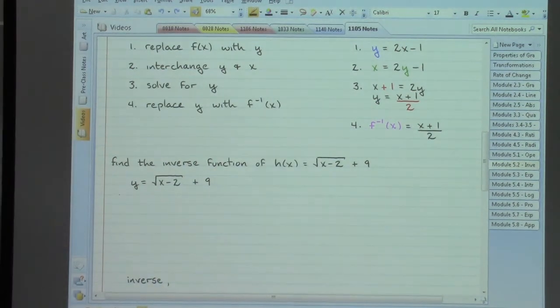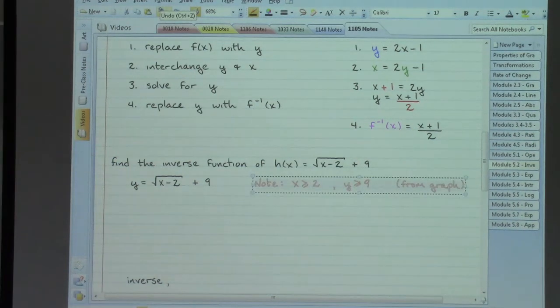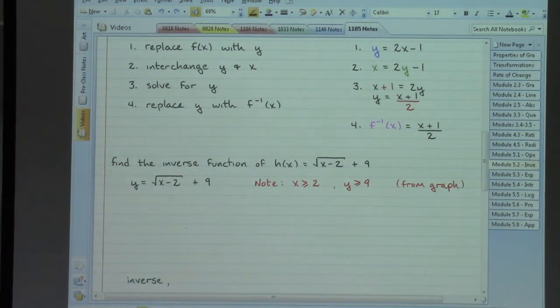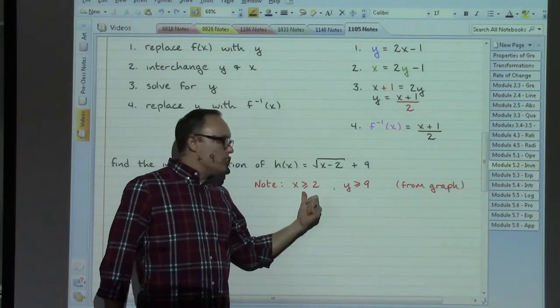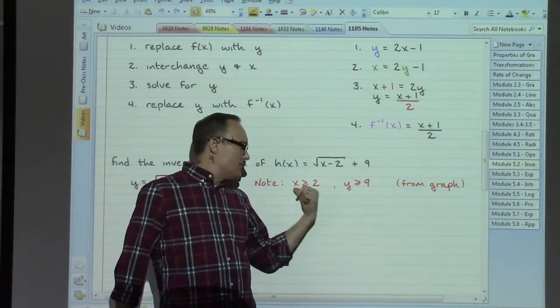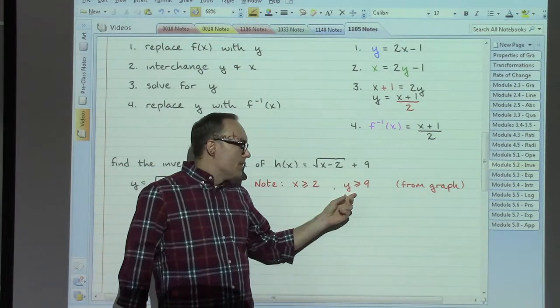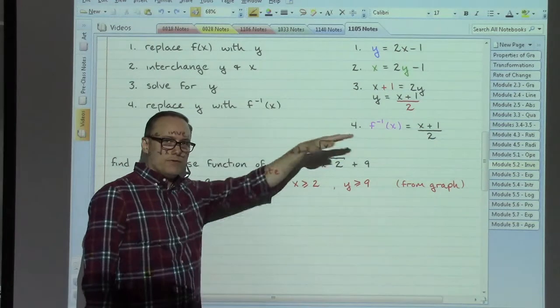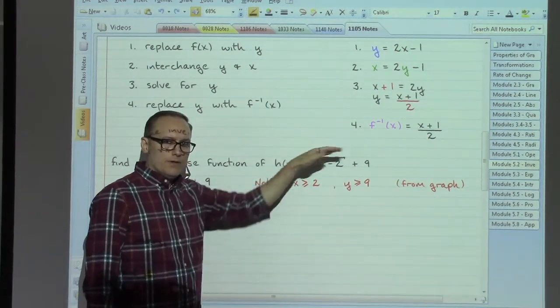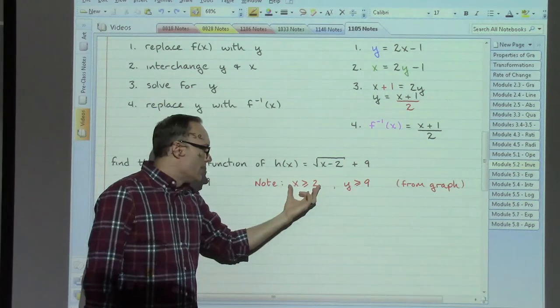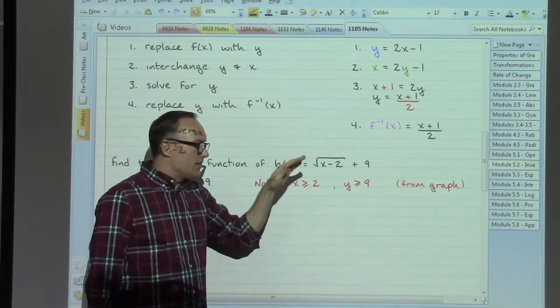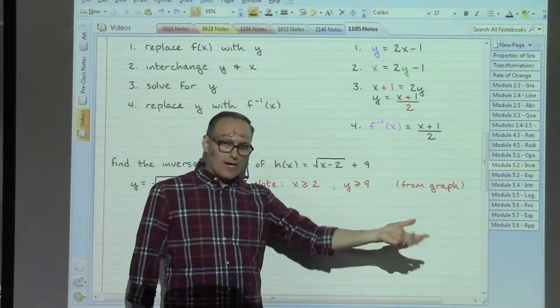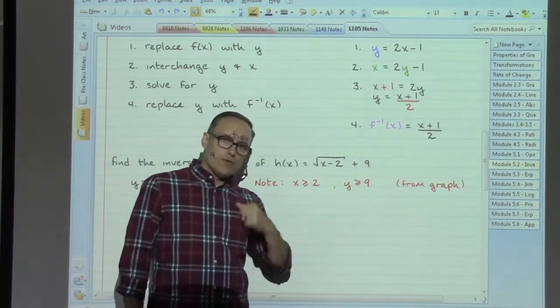Well, I already showed you that little curve earlier from our horizontal line test. In this particular case, that curve starts at x equals 2, and when x is equal to 2, y is equal to 9. The curve, shaped like this hand motion, starts at x equals 2, y equals 9, and goes upward. So x is greater than or equal to 2, and y is greater than or equal to 9.